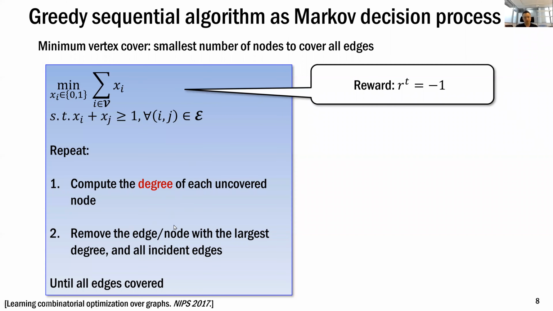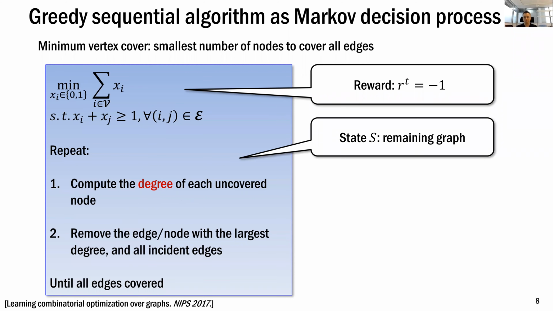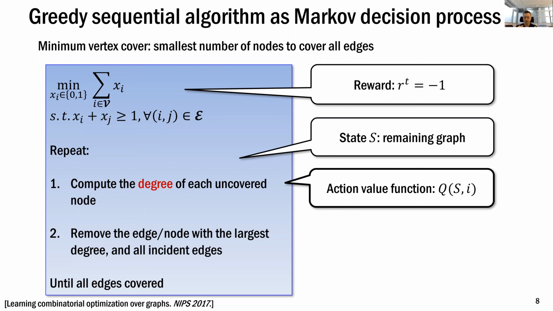So this is a very simple greedy sequential algorithm. In this particular expert-designed greedy algorithm, you use the degree of each node to score a particular node. That's like the action value function you define in reinforcement learning.